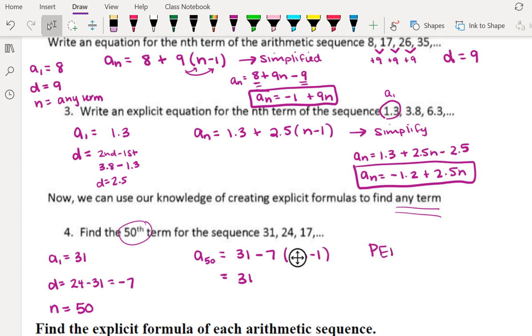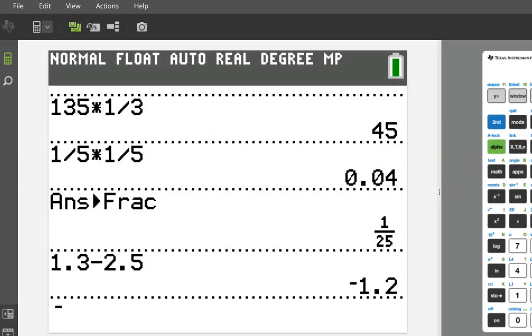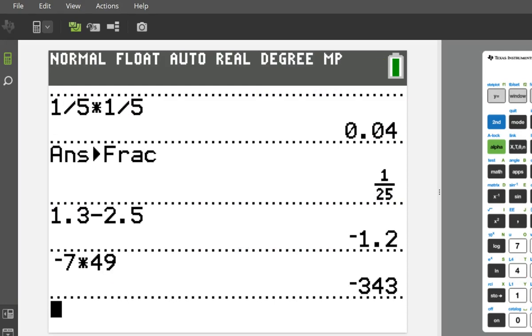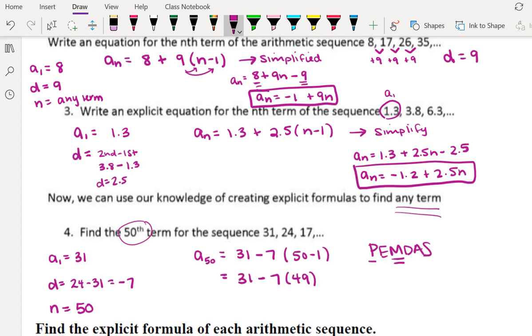And so be careful with our order of operations here. Remember PEMDAS. We should do what's in parentheses first. So 31 minus 7 times 49. Then we need to multiply. So we're going to do negative 7 times 49, and we get negative 343. And we're going to take 31 minus 343.